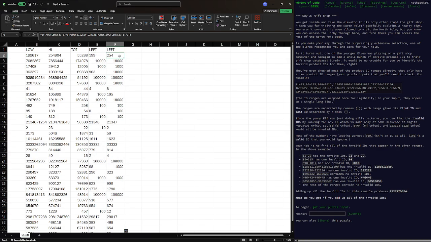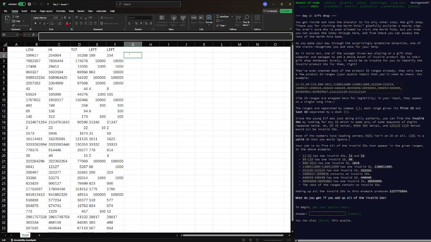Okay, there we go. So we need to go from this number to this number. We're going to do equals lambda low high, and we're going to take it as a function. Function low high.